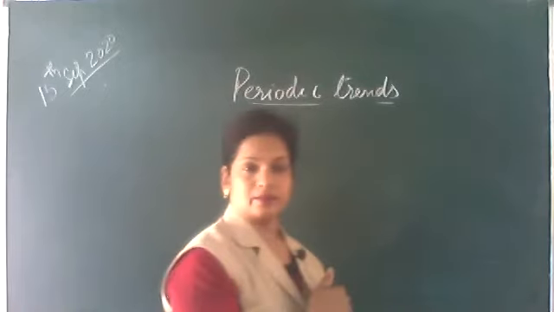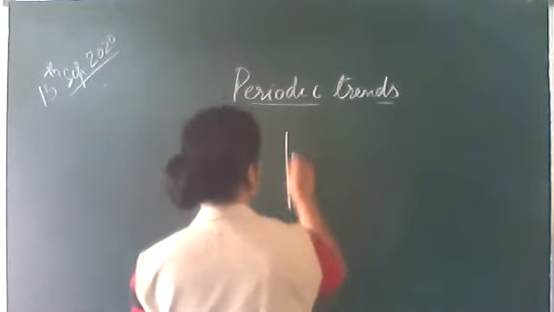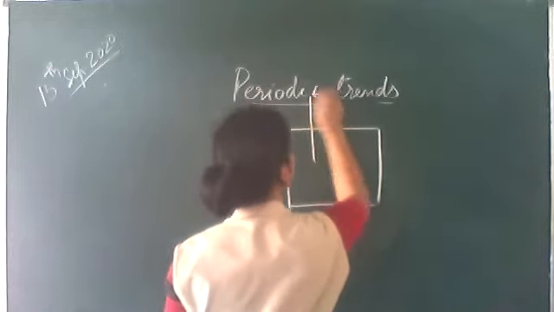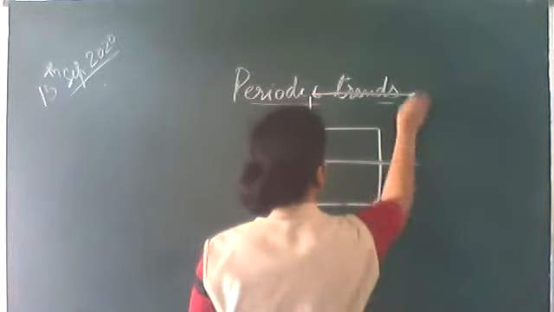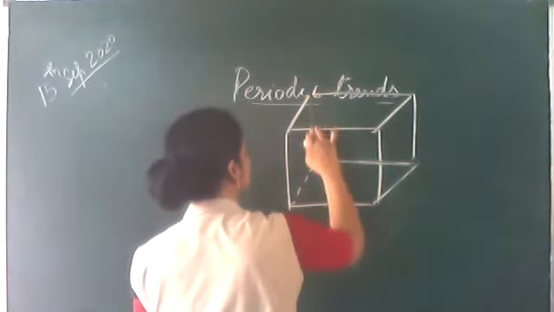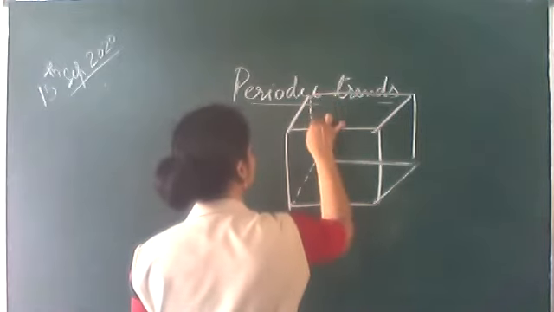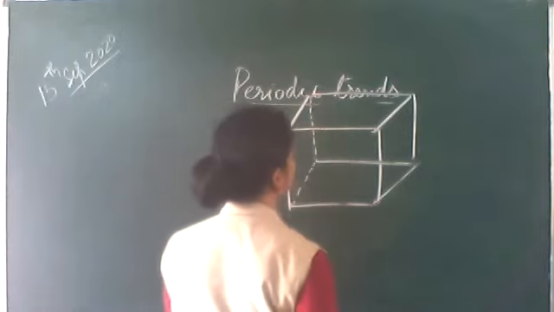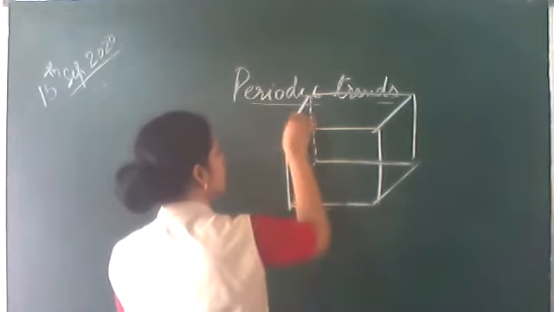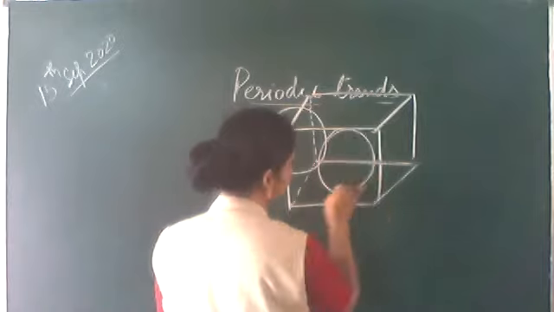So what we learned was covalent radius in a covalent molecule. Now I am going to show a metal. Here in metal, atoms are touching each other.